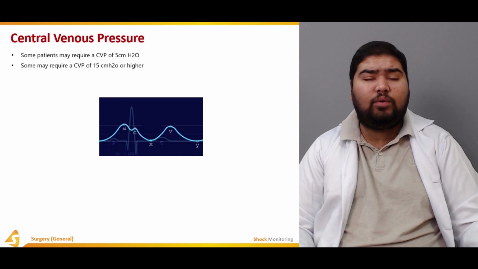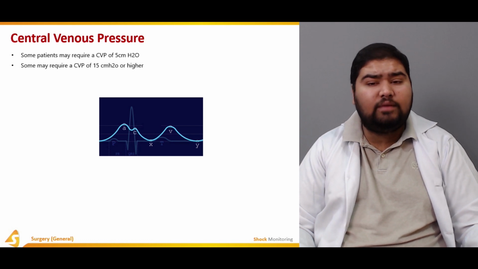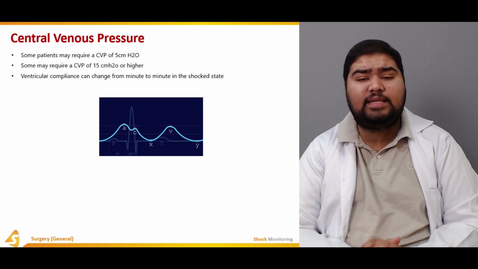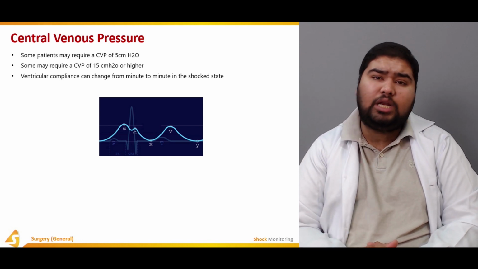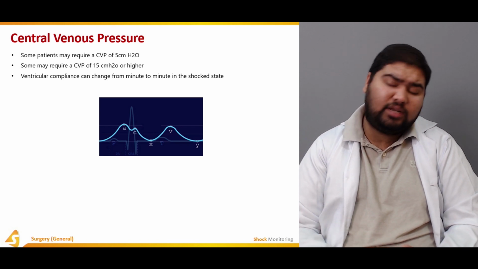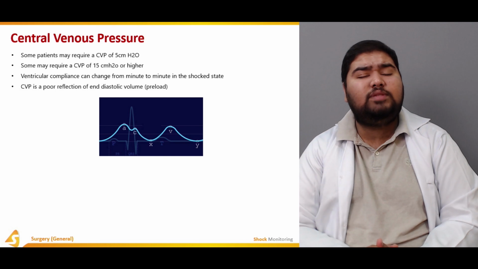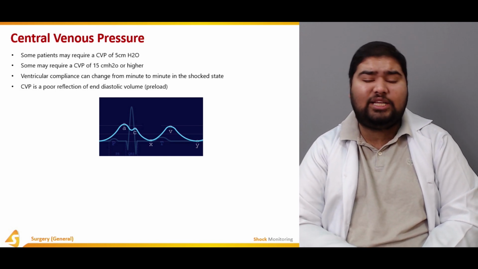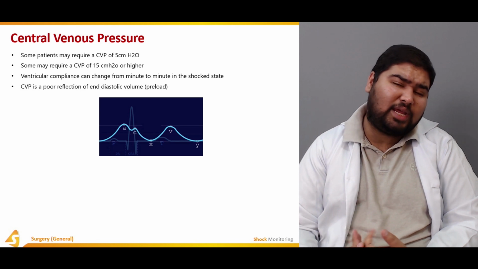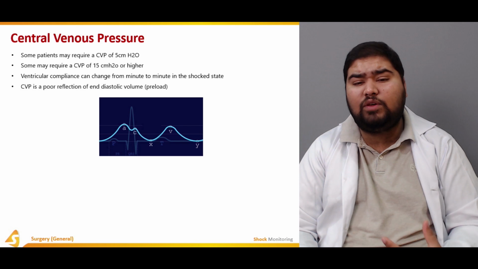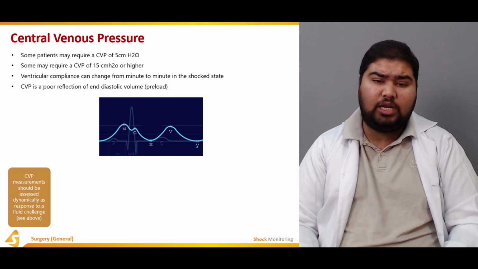Some may require central venous pressure of 12 centimeter of water or higher. Now, the ventricle compliance can change from minute to minute in a shocked state. So, obviously, the heart may respond differently each minute. Now, CVP, or the central venous pressure, is a poor reflection of the end diastolic volume, that is the preload. It does not completely give you an idea of the preload.